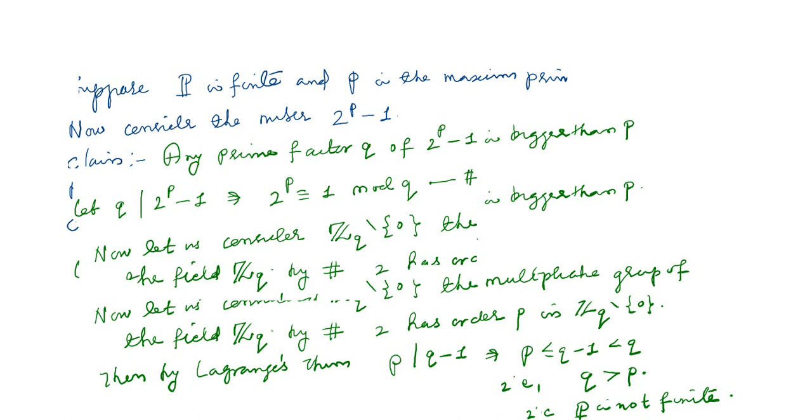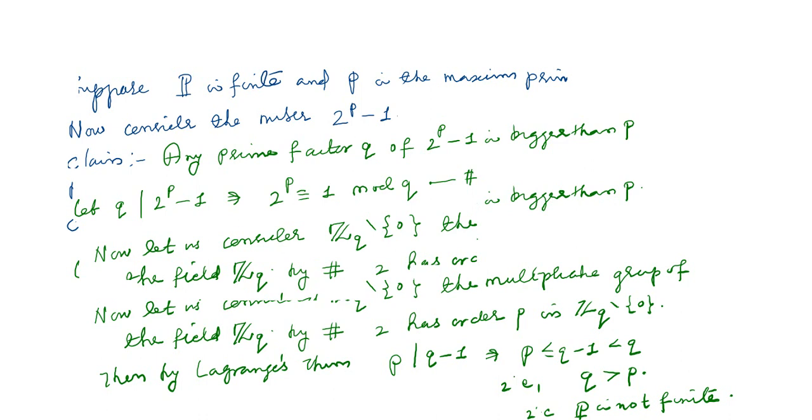Then by hash, 2^p is congruent to 1 mod q. That means when you raise 2 to the power p, you are getting the multiplicative identity 1, so the order of 2 is p modulo q.